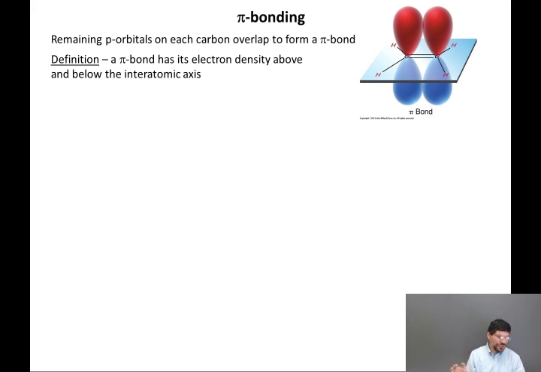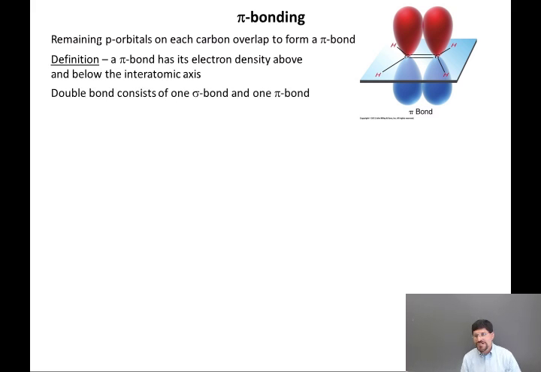And that is due to the fact that this molecule has a pi bond. This should make sense to you. So the double bond consists of 1 sigma bond and 1 pi bond. We already have the sigma bond between the 2 carbons from the overlap of the 2 sp2 orbitals.